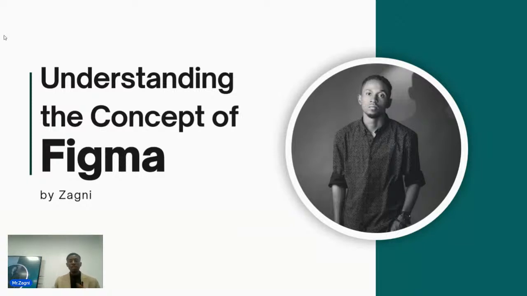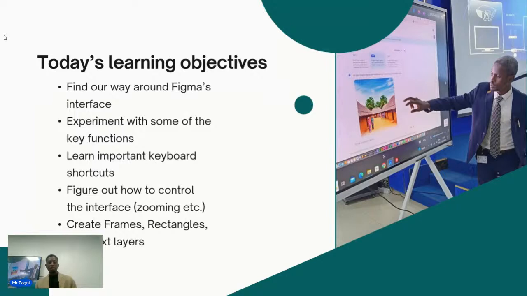All right, so let's dive into what we have to do today, which is understanding the concept of Figma. Today's learning objectives: find our way around Figma's interface, experiment with some of the key functions, learn important keyboard shortcuts, figure out how to control the interface, zoom in, etc. Then learn how to create frames, rectangles, and text layers.